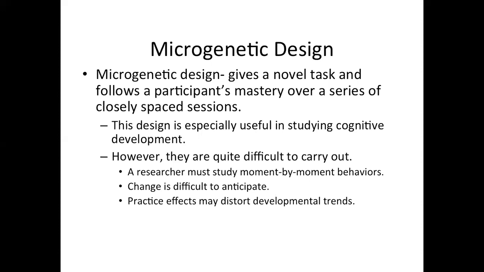So even in a microgenetic design, we have these 3 considerations: whether or not we're going to capture the moment-to-moment behavior, whether we miss when change is taking place because we couldn't anticipate that change, and practice effects. So these are our 4 developmental-based research designs. I'm going to stop.